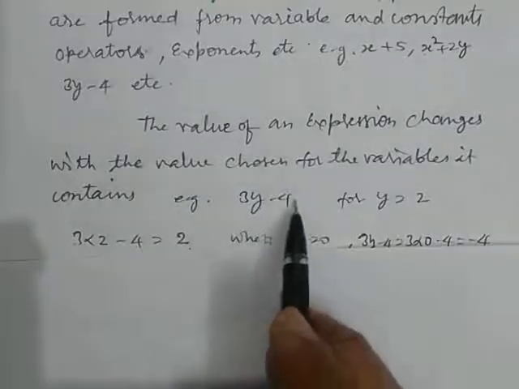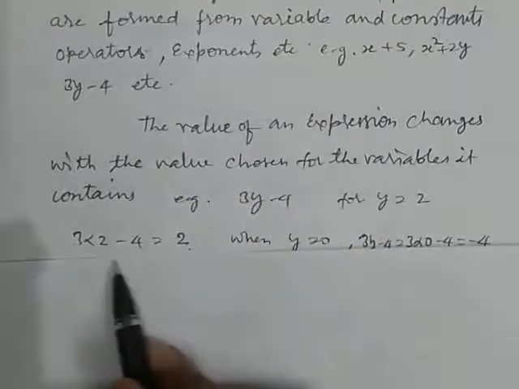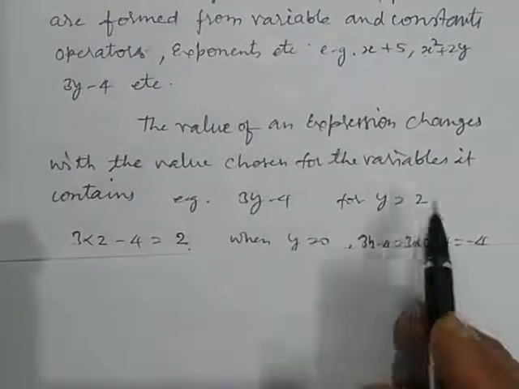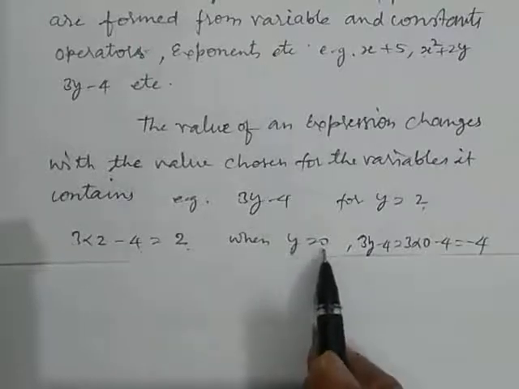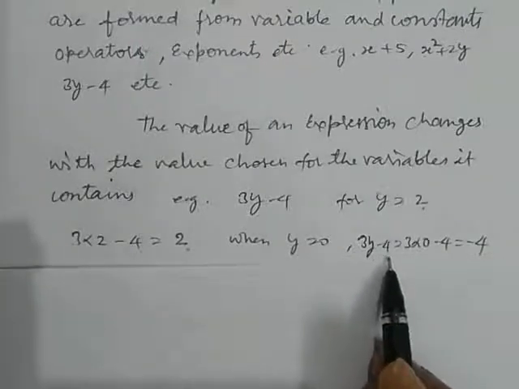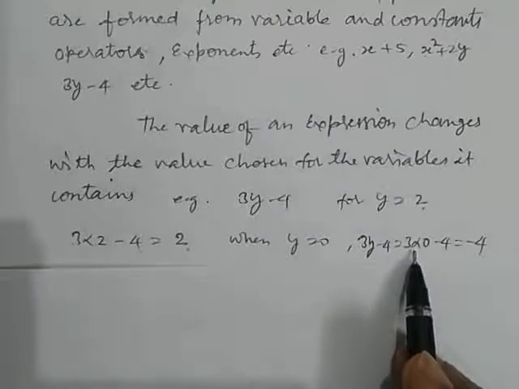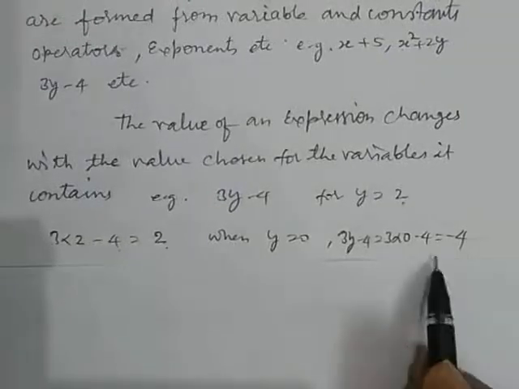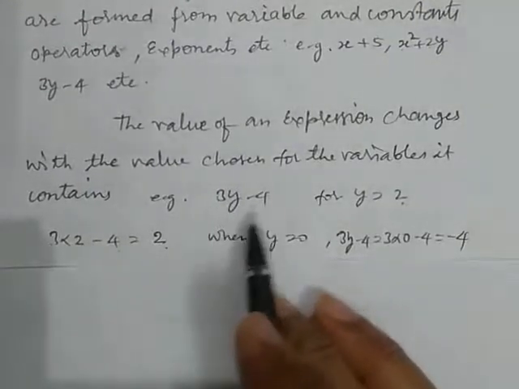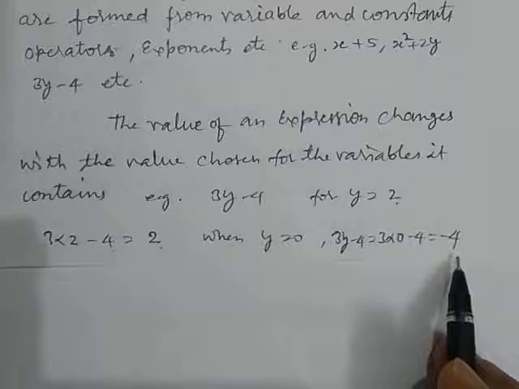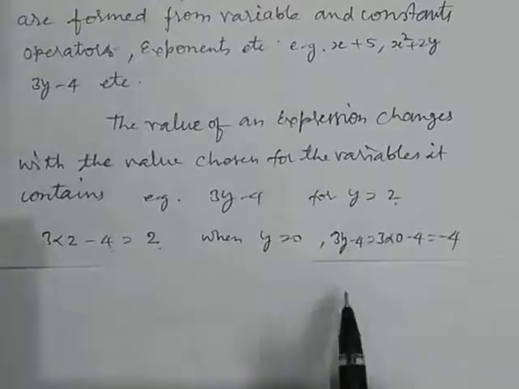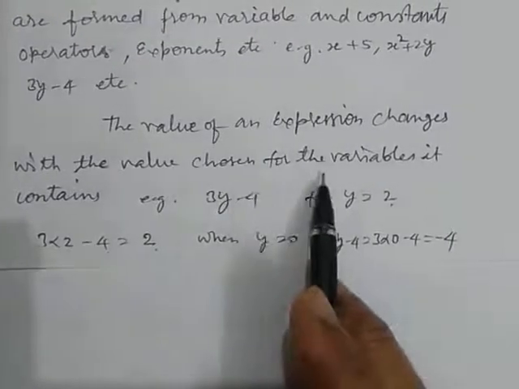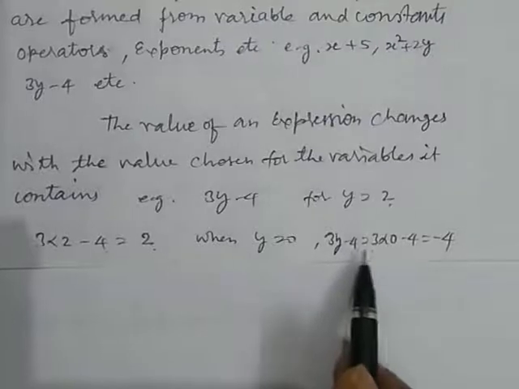So this expression 3y minus 4 takes the value 2 when y equal to 2. Now we put y equal to 0. In 3y minus 4, we get 3 into 0 minus 4, that is minus 4. So for y equal to 0, this expression takes the value minus 4. So these are the values of the expression. By choosing different values of variables, the value of the expression changes.